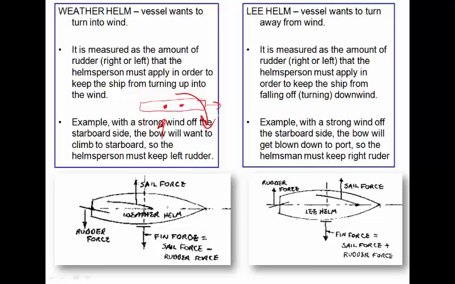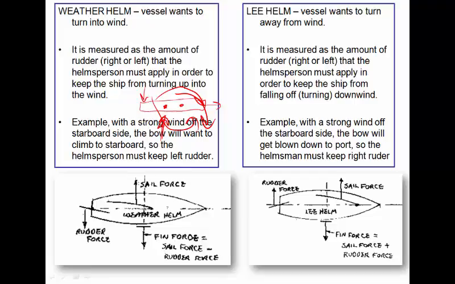So I'm going to have to use some amount of rudder to keep my vessel from doing that. And of course, if the wind is coming in this direction here, in order to counteract this moment that wants me to go in this direction, my rudder is going to have to act in this direction to give me some amount of moment that will counteract. So we've got to figure out what that is.